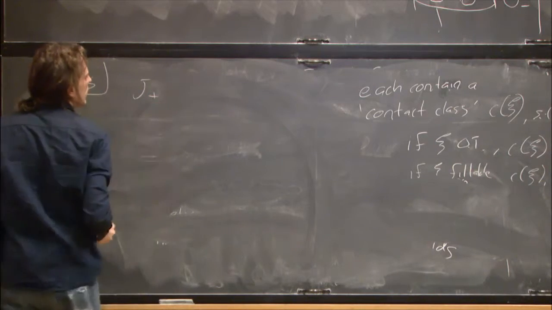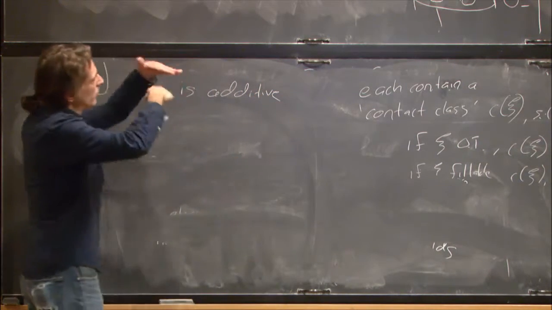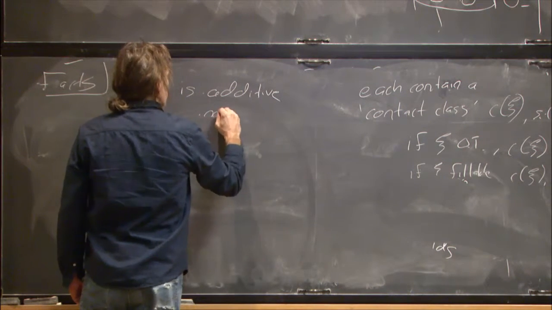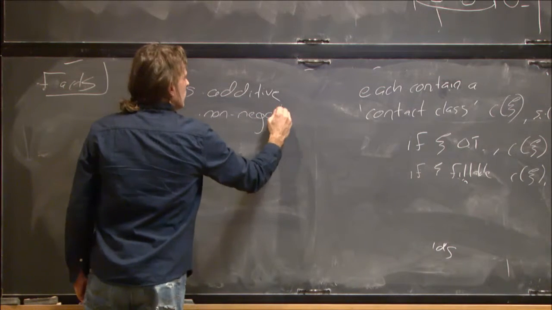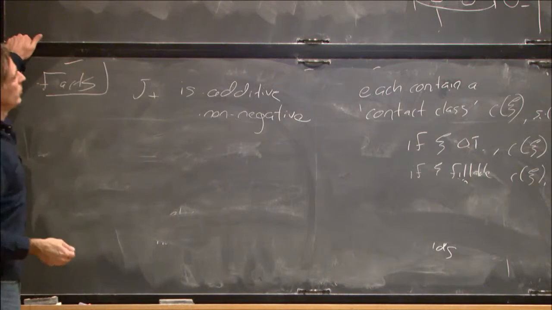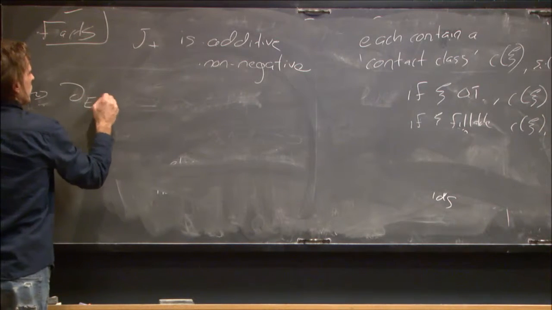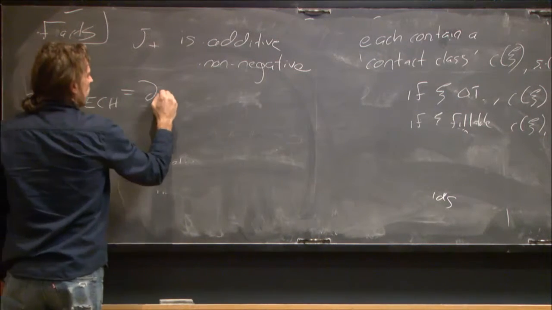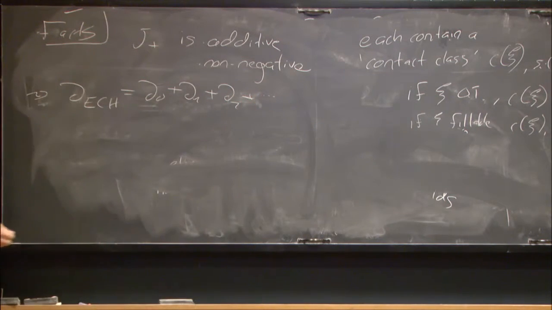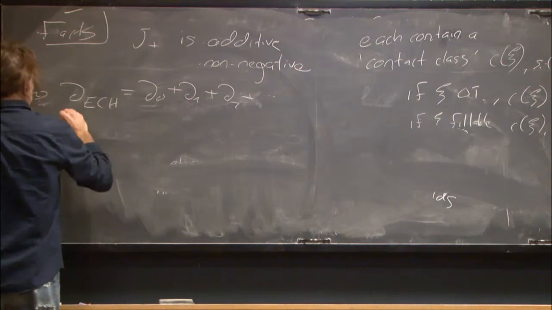This last thing here, well, first of all, it's additive under pasting curves together along orbit sets. And then it's also non-negative, which properties then mean that we can use it to decompose the ECH differential as, let's say, boundary 0 plus boundary 1 plus boundary 2 and so on, where each of these is just counting curves of the proper J plus.